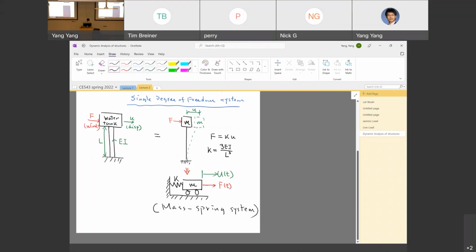In order to do structural analysis, you need to come up with the mass spring system for any structure. That means you need to figure out the mass, the stiffness of the spring, as well as the location and orientation of the spring. So that's the start of the dynamic analysis.